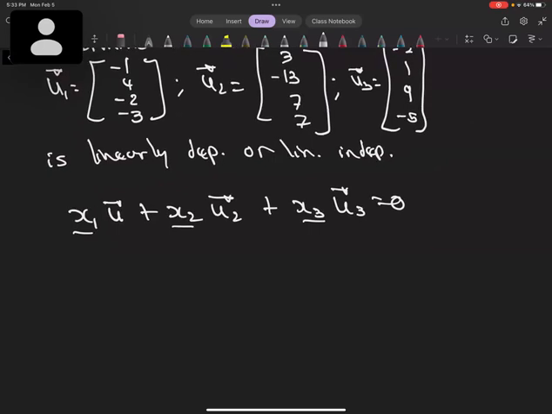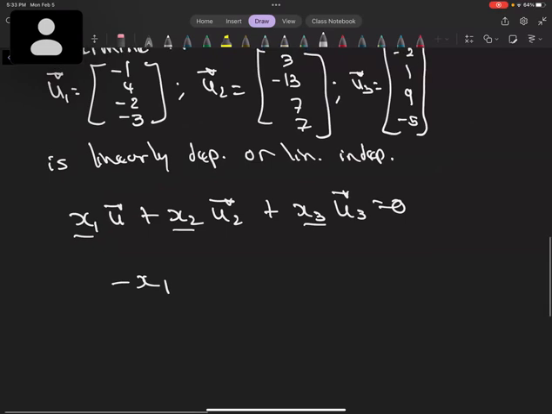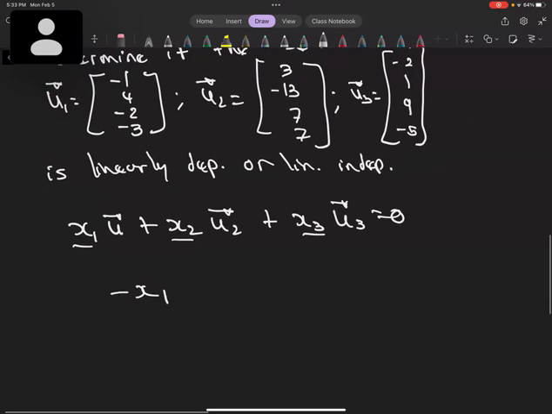This looks like, minus x1, but yeah, I don't need that. No, let's put it for completion. Let's put it like plus 3x1. Oh, no, sorry, I'm doing it wrong.